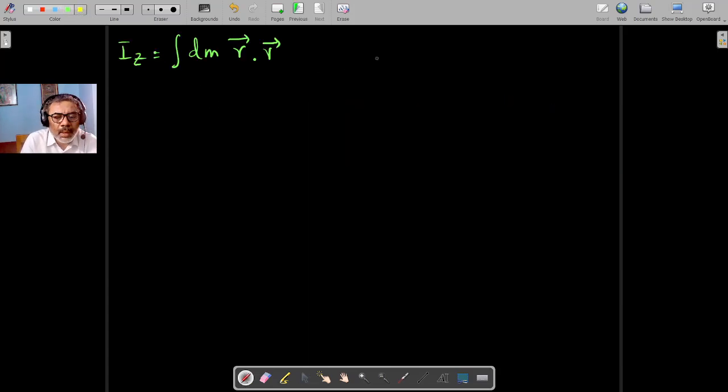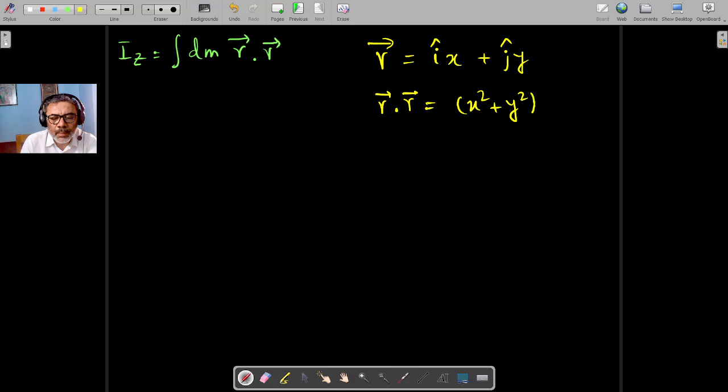We know that r is ix plus jy, then r dot r is x square plus y square.